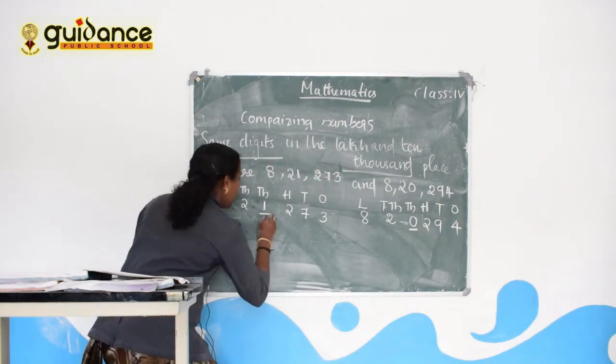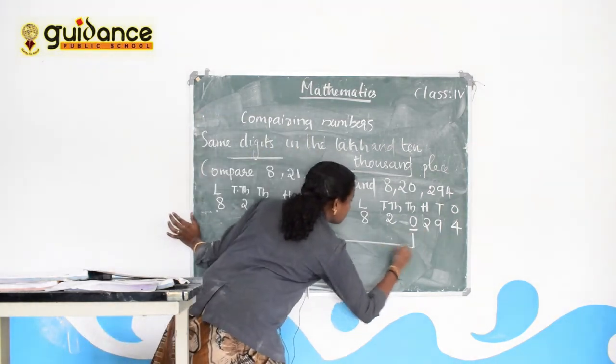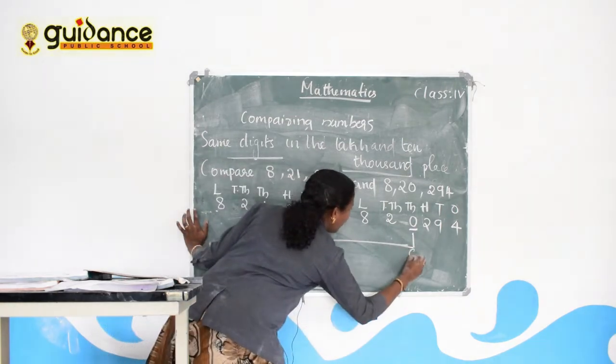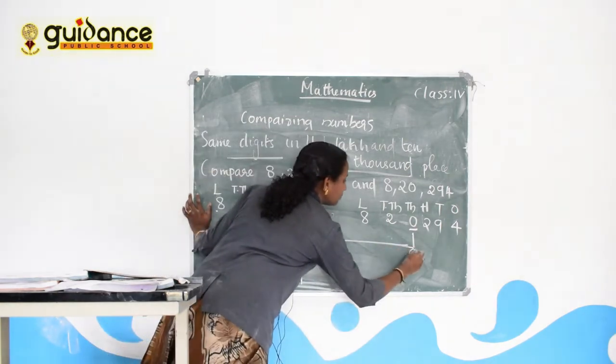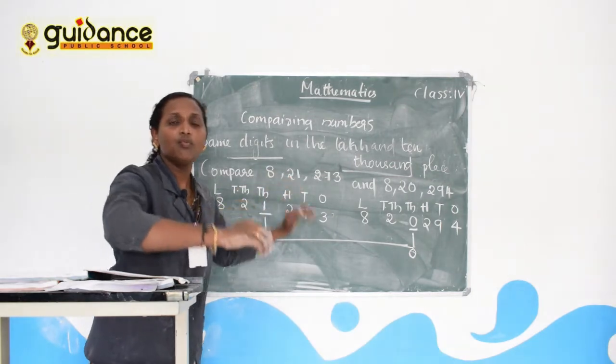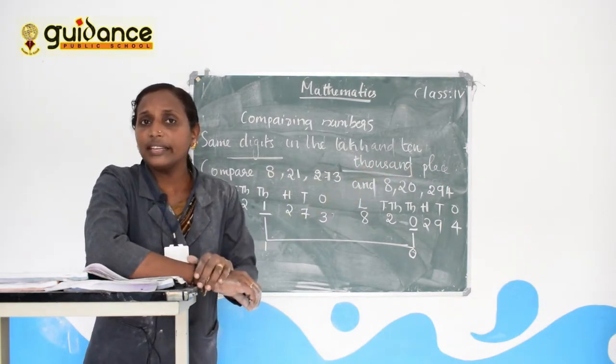So comparing 1 and 0, which is the greater number? 1 is greater.